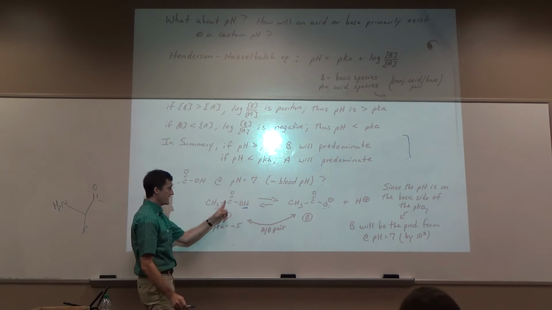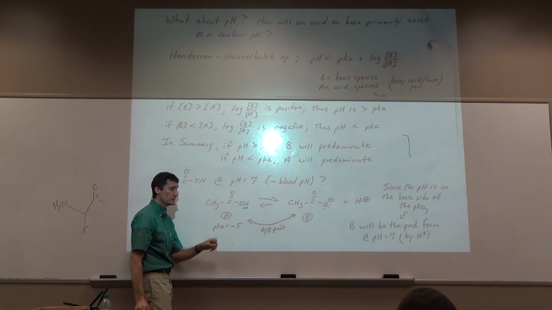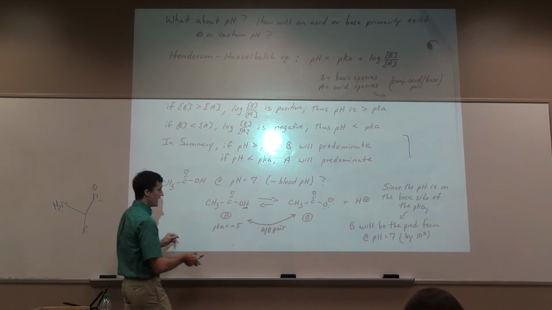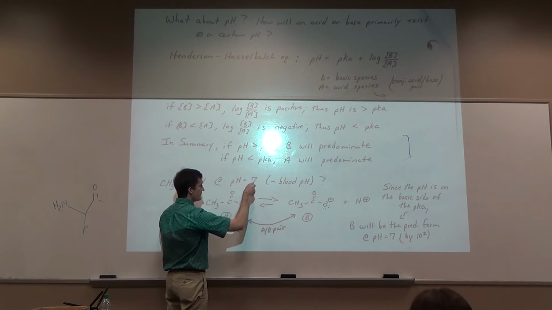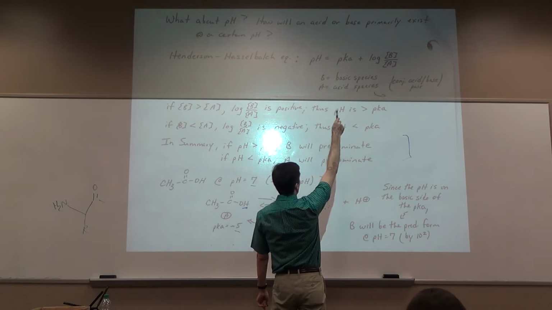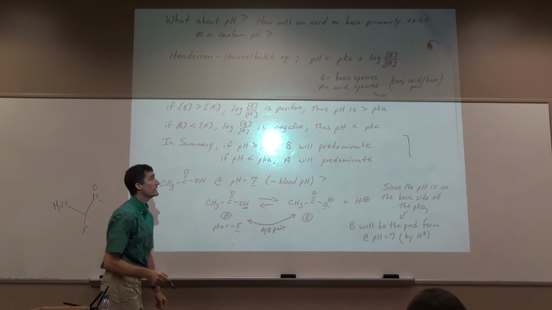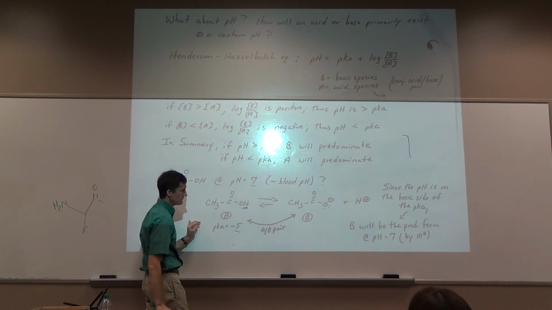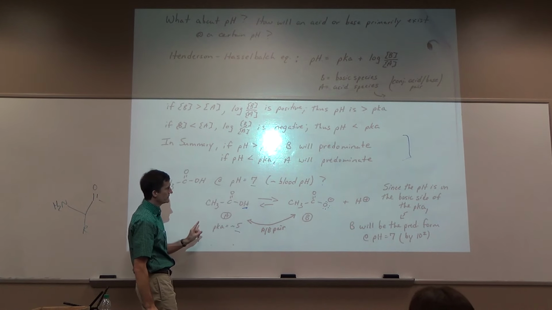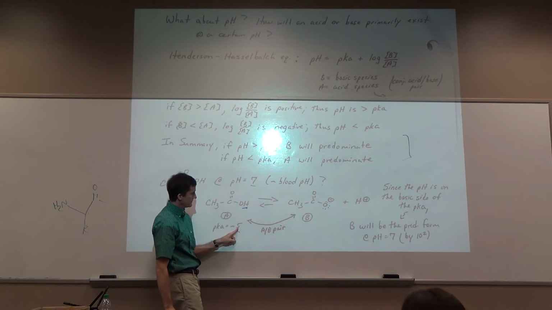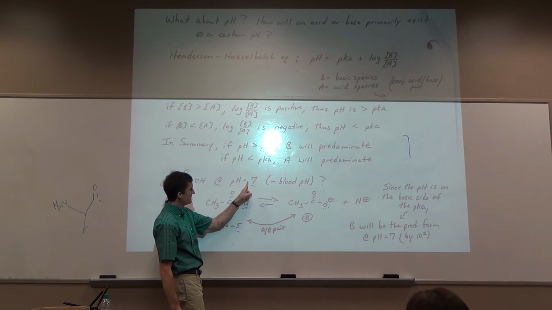What's the pKa? Carboxylic acid's about 5. Okay? So now we have 5 and 7. Now we can actually solve for B over A. But I've actually already told you how to solve it right here. Let's look at our numbers. pKa is 5, the pH equals 7.